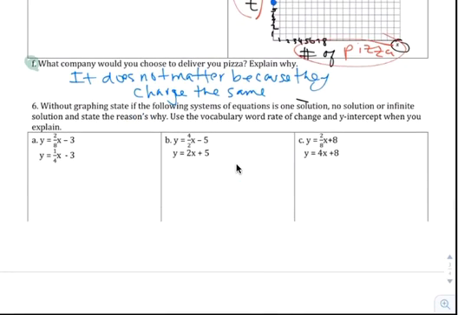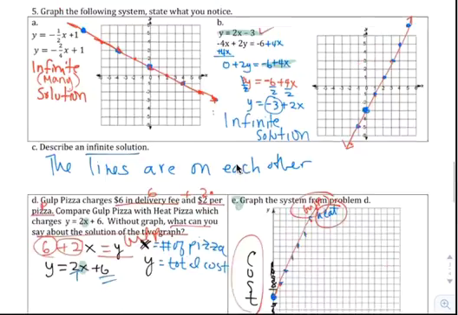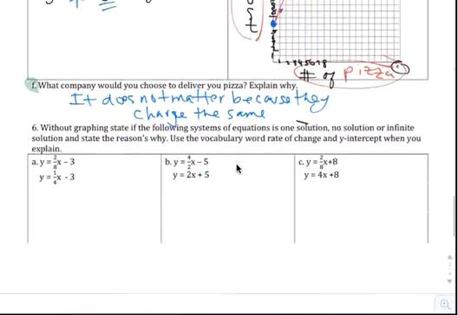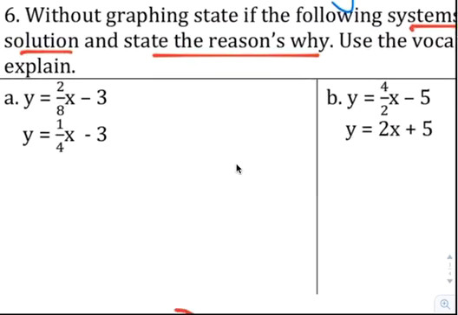Okay, number 6 here on the very last page. Without graphing, state whether the system of equations is one solution, no solution, or infinite solution, and state the reasons why. Use the vocabulary words rate of change, y-intercept.